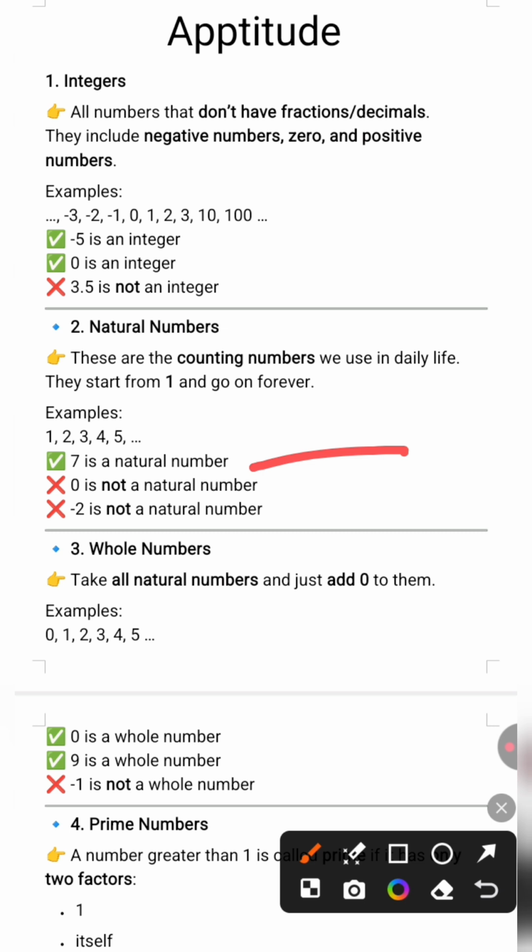Minus 2 is not a natural number either. Negative numbers are not allowed in natural numbers. So remember, natural numbers always start with 1.